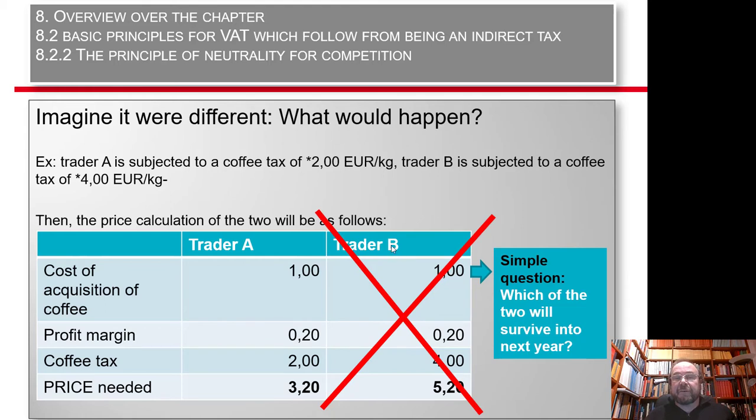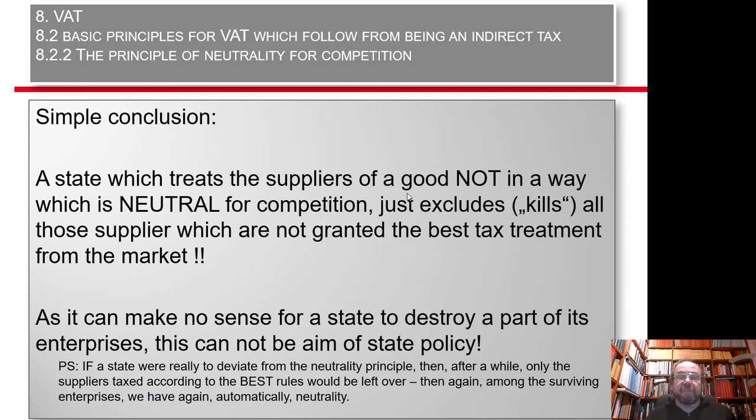Only trader category A will survive, the ones who pay €2. So you can directly obey that principle in advance and say, okay, I take €2 from everybody or €4 from everybody. Tax burdens must be equal, otherwise you distort competition and just remove some of your people from the market, and that should not be the aim of a tax law.